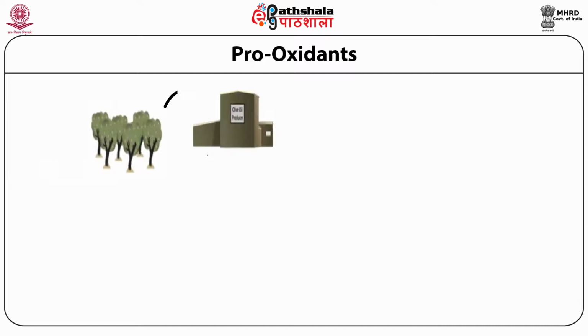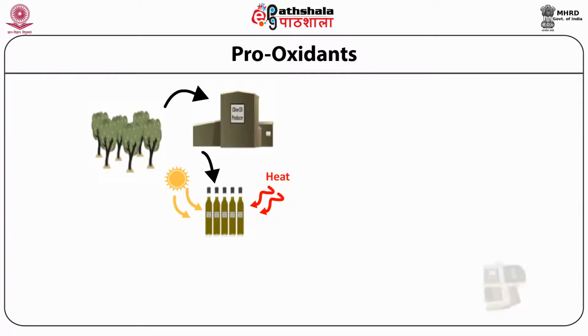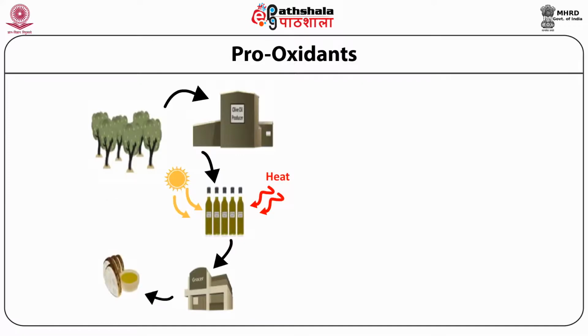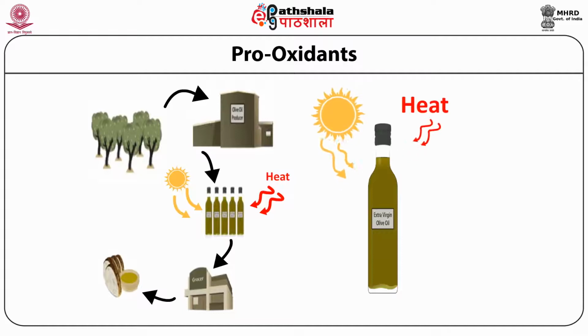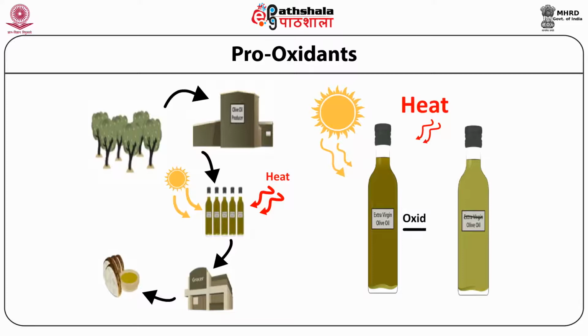This is the picture where it is quite evident how extra virgin olive oil is oxidized and converted into normal olive oil. When olives are procured from their farms and carried to the plant where oil is extracted from them, then with the effect of heat and sunlight, the extra virgin olive oil which is extracted there is oxidized into normal olive oil.